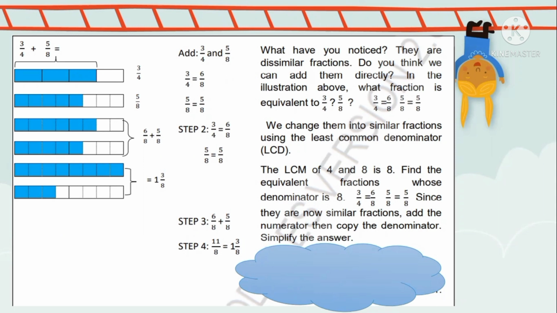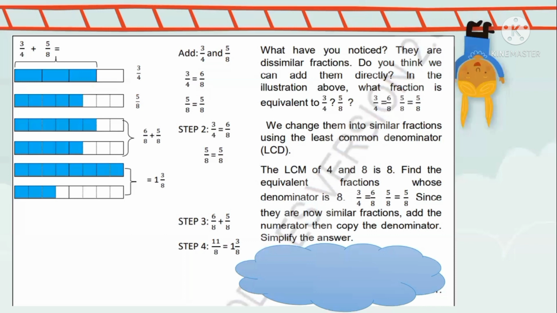So 3/4 must be changed to its equivalent fraction, and the same thing with 5/8. Yes, so let's consider the least common denominator. The least common denominator of 3/4 and 5/8 is 8, as you have seen in the illustration. So first, you divide 8 by 4. It gives you 2, and multiply that to 3.